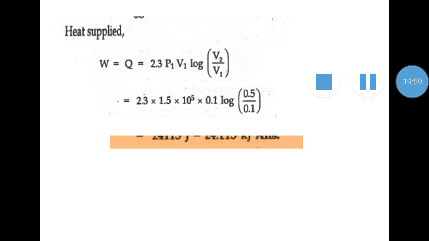Solving this expression we get 24,115 joule of heat, and we have to convert that joule into kilojoule. Dividing 24,115 by 1000, we get 24.115 kilojoule.